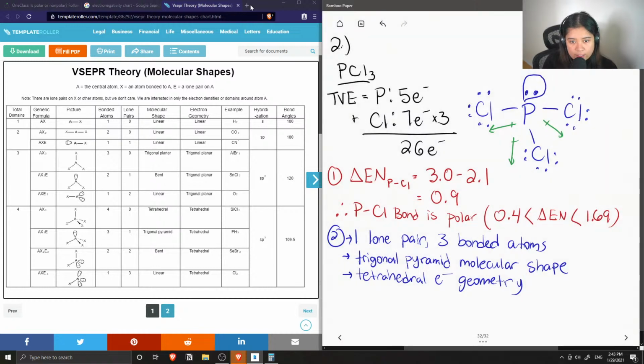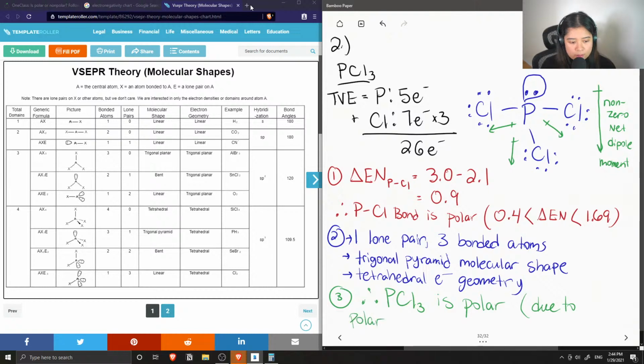So we have a net dipole moment, kind of like this, and we can say that we have a non-zero net dipole moment. And because of this, our molecule is polar. And this is due to the polar bonds plus its molecular shape.